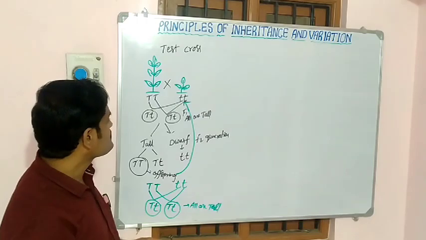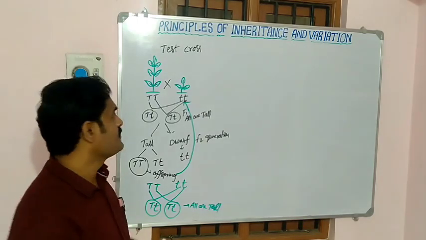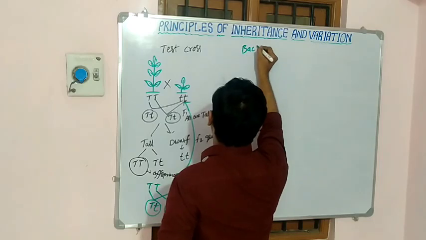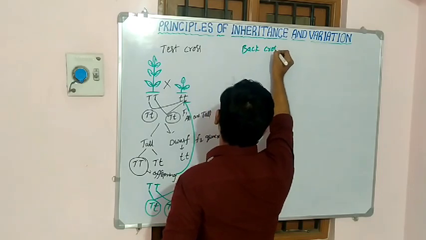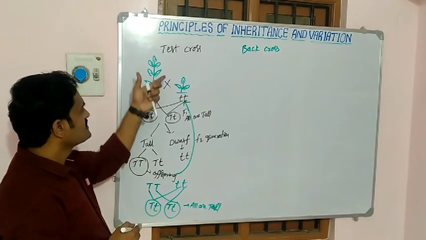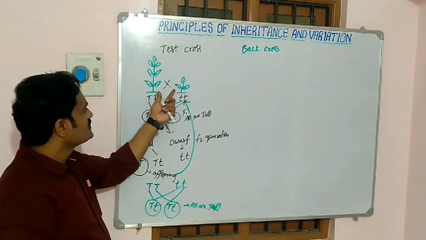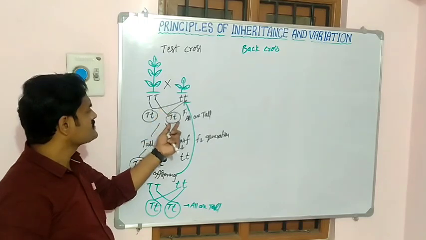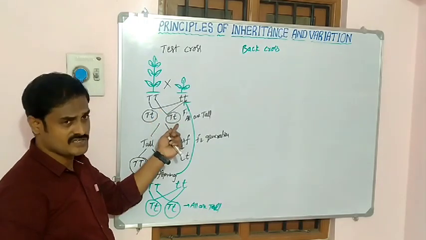Okay. Next, one more type of cross is called back cross. See, the same method. No need to write again. The same method. So the pure tall or pure dwarf, then it forms in the F1 generation all tall plants.